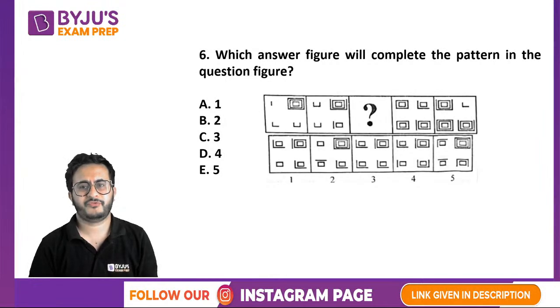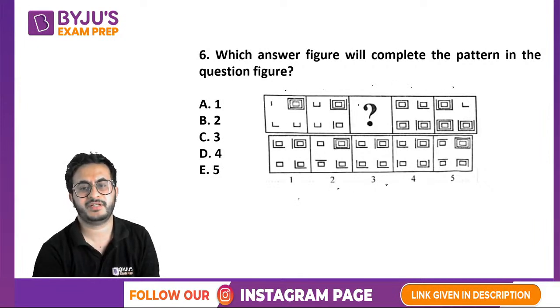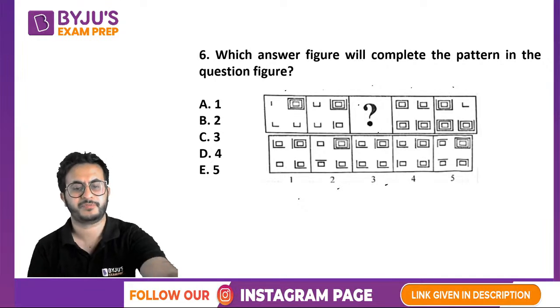Now in this you have to complete the pattern. It's like a series, like 1 2 3 4 5. One term is missing, and you have to find which term will fit out of the 5 options.